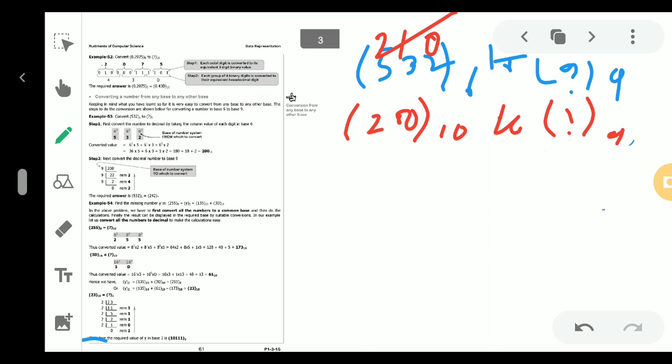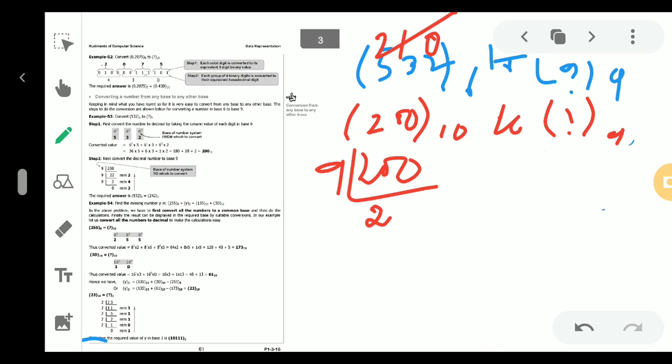So from base 10 to base 9 conversion, what is the rule? If you convert from base 10 into any other base, we have to divide that decimal number by the base we want to convert to. I want to convert into base 9, so 200 is divided by 9. 9 twos are 18, 20 minus 18 becomes 2.